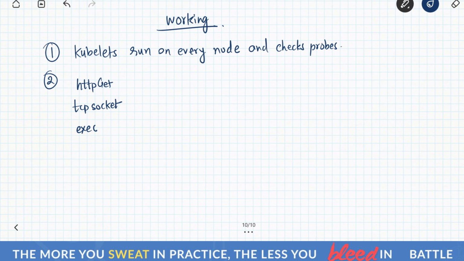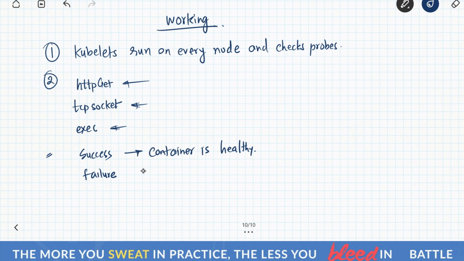It first calls an HTTP endpoint inside the container, tries to open a TCP connection, or runs a command inside the container. Based on the result, there are two outcomes: success or failure. The container is healthy if the result is success, and if it fails, a few things can be done: restart, stop traffic, or whatever the developer wants.